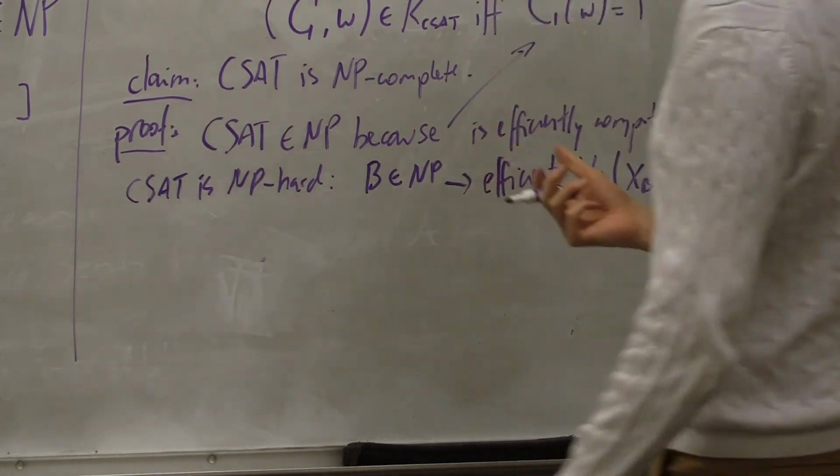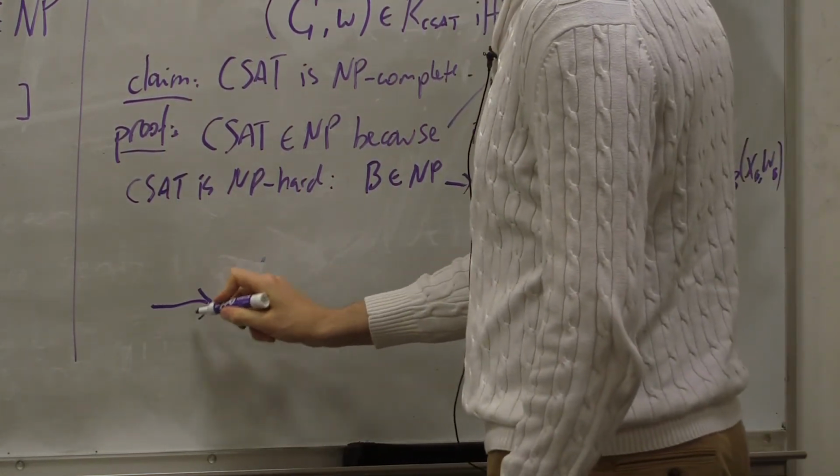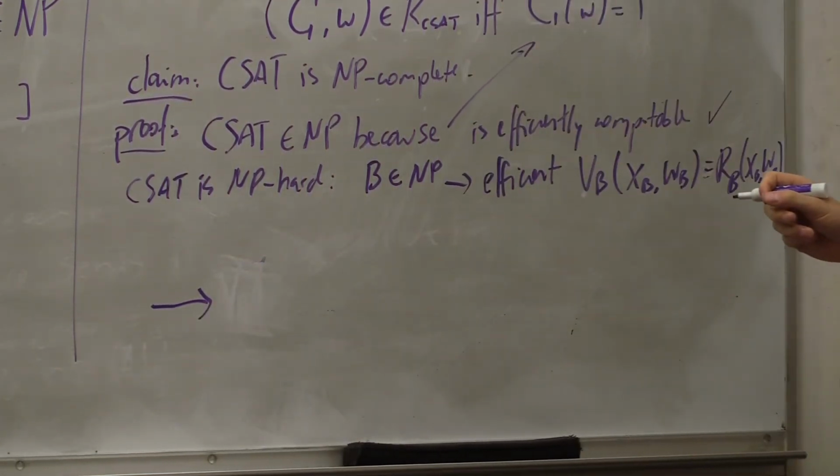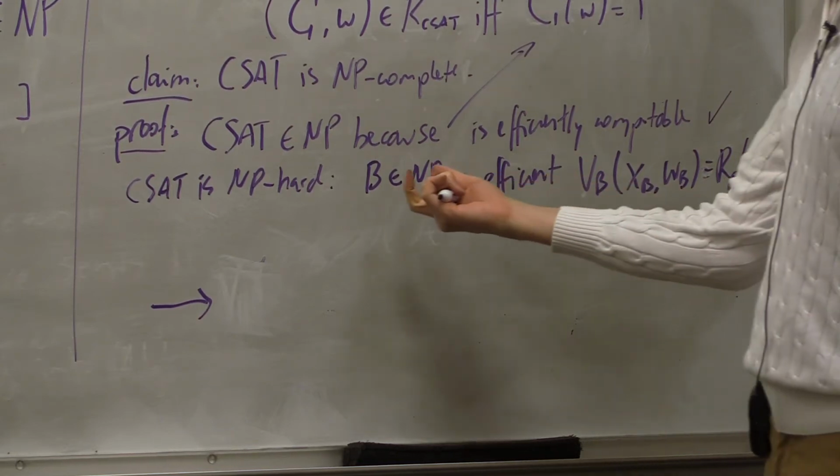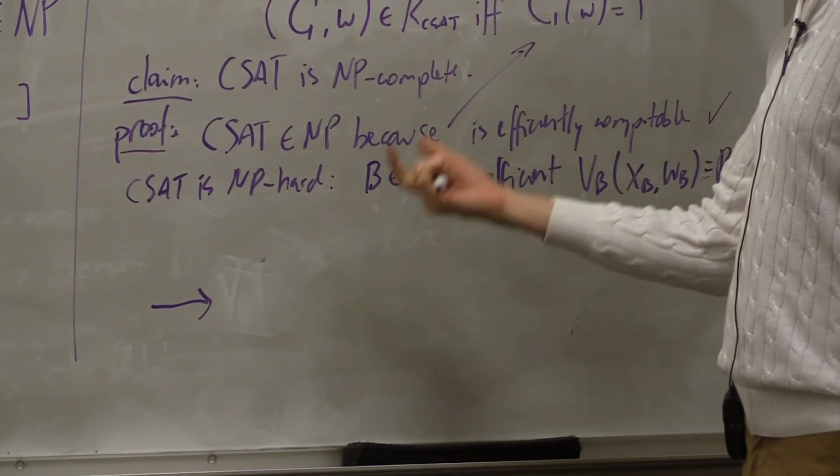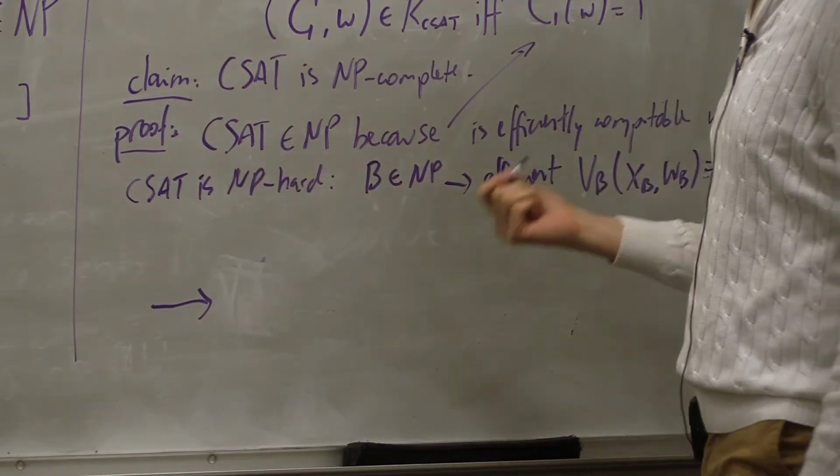But this immediately gives us a reduction, right? Because say that now I want to solve the problem B with a subroutine that is CSAT. How would I do that?